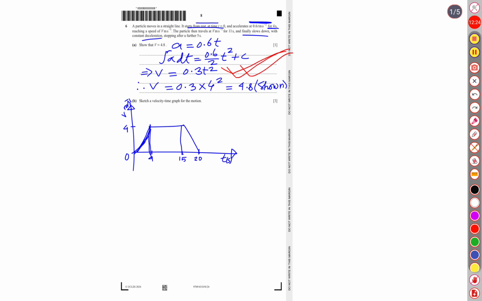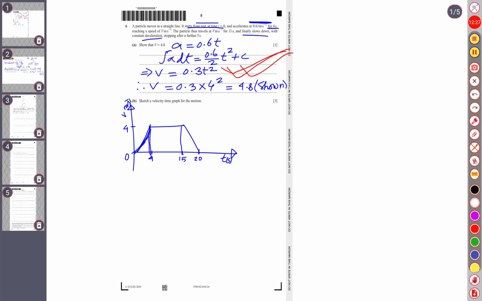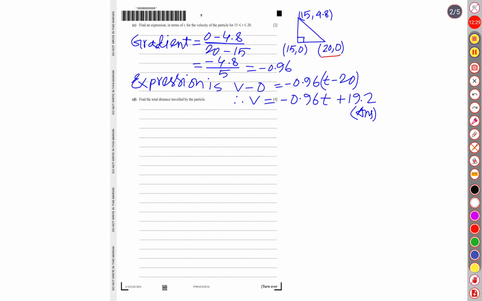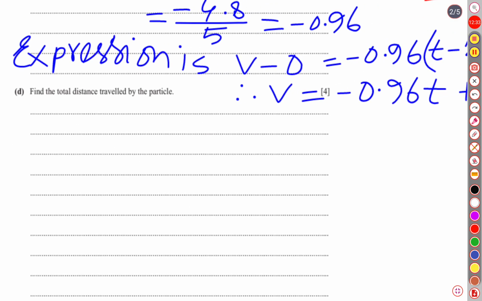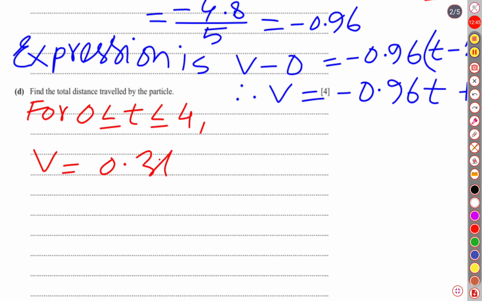So for 0 until 4 seconds, our v was 0.3 t square.